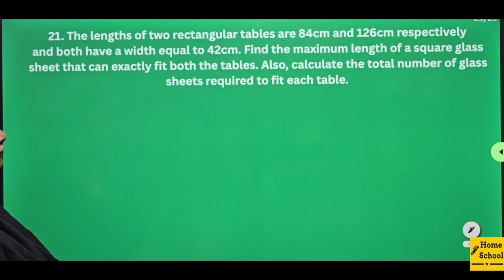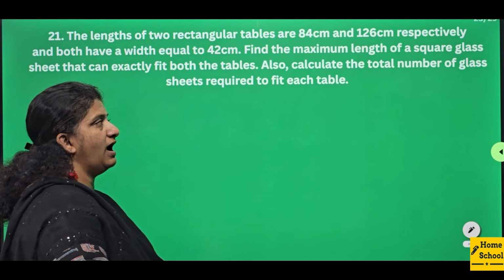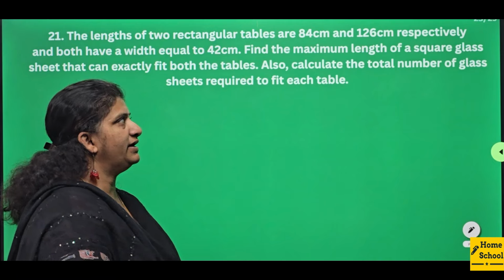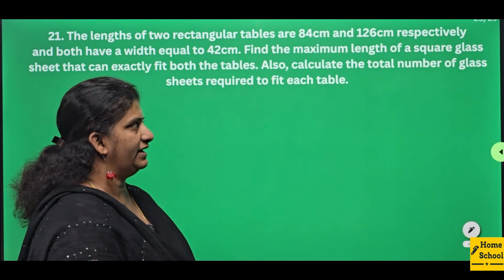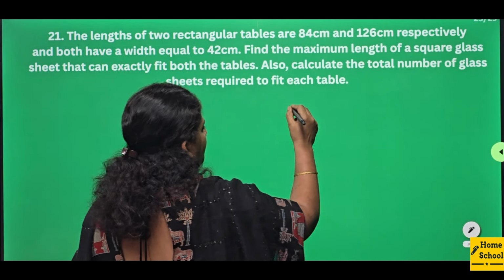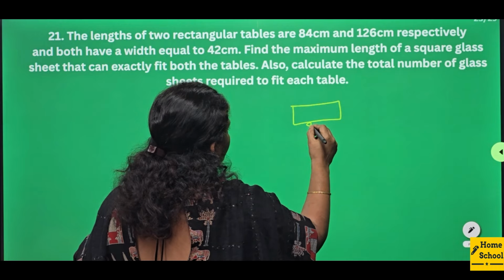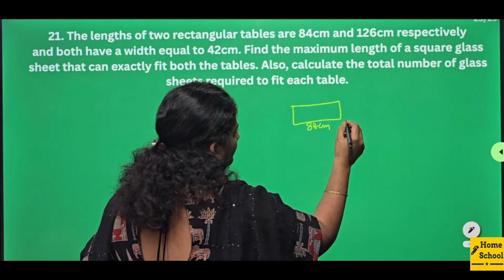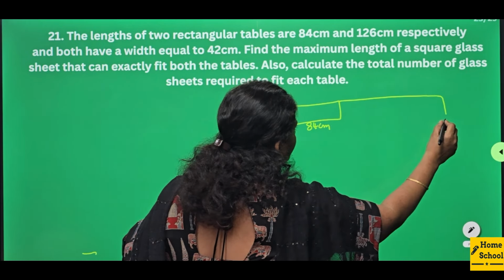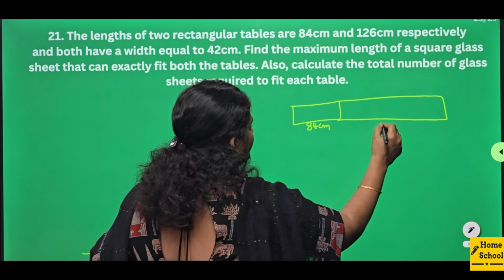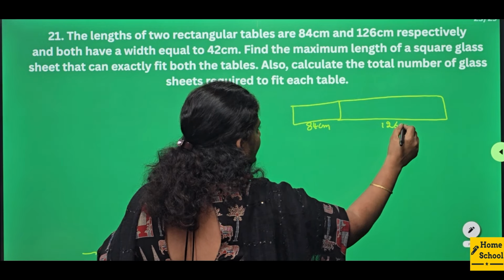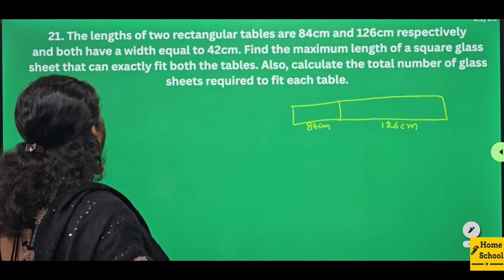21st, the lengths of two rectangular tables are 84 centimeters and 126 centimeters. Let us imagine two tables. One is 84 centimeters in length and the other table's length is 126 centimeters.